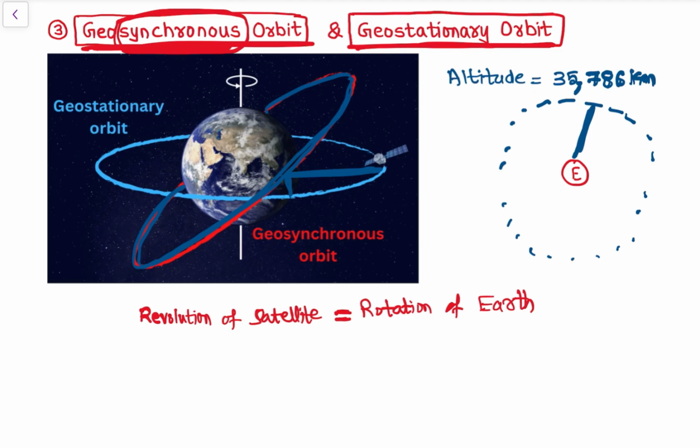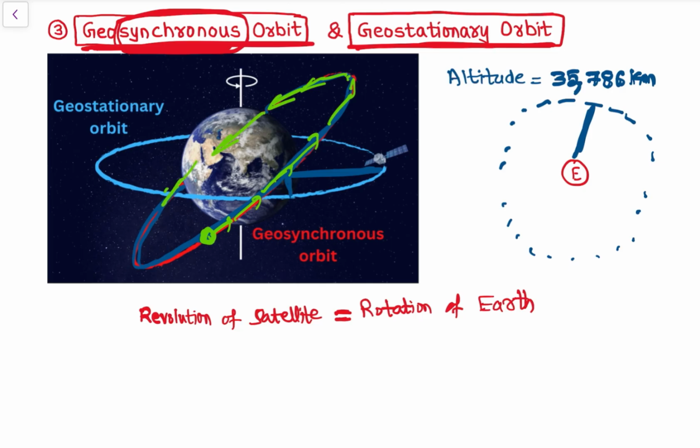Now, what happens at this height? Say a satellite is revolving. This one is a satellite, and it will be moving in this orbit, the geosynchronous orbit.